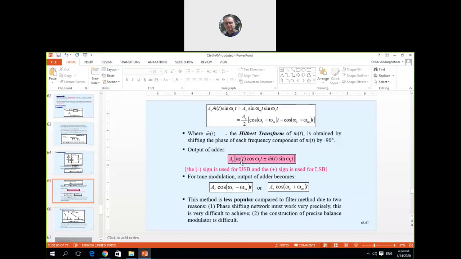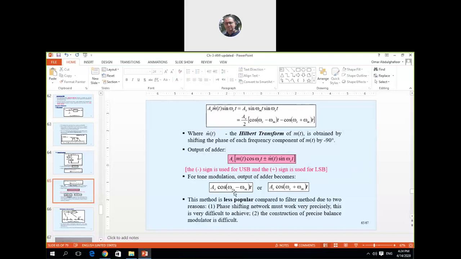At the end we need to do the summation. This will be A sub c, lower side, plus or minus upper side. So if we take the minus, m of t cosine omega c t minus m hat of t sine omega c t, we will choose only the upper sideband. And if we take plus, we will result in the lower sideband.